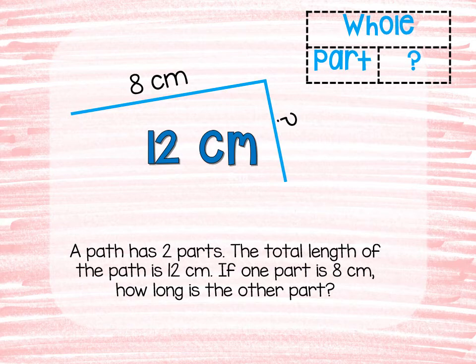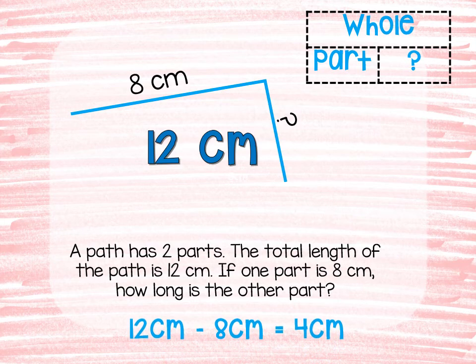So if we're looking for a part, we know that we do what? That's right. If we're looking for a part, we subtract. So 12 centimeters minus 8 centimeters is 4 centimeters. So that means that the missing piece is 4 centimeters.